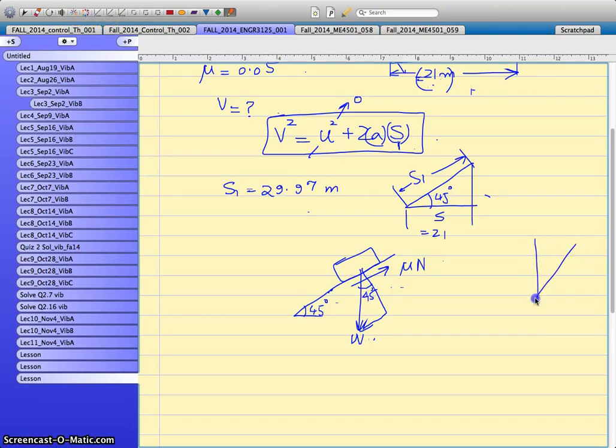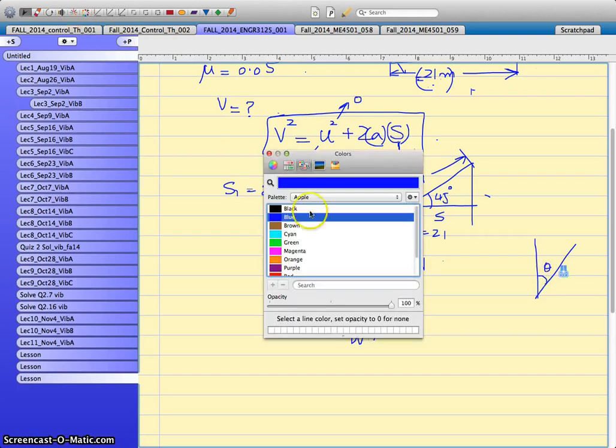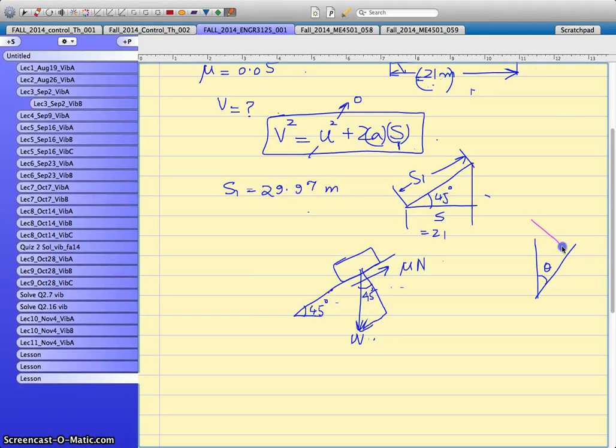If you have two lines here, and the angle is theta, then the angle between their perpendiculars is also theta.